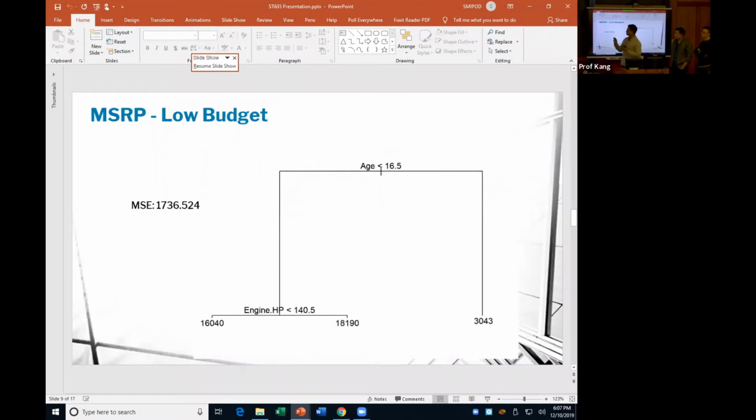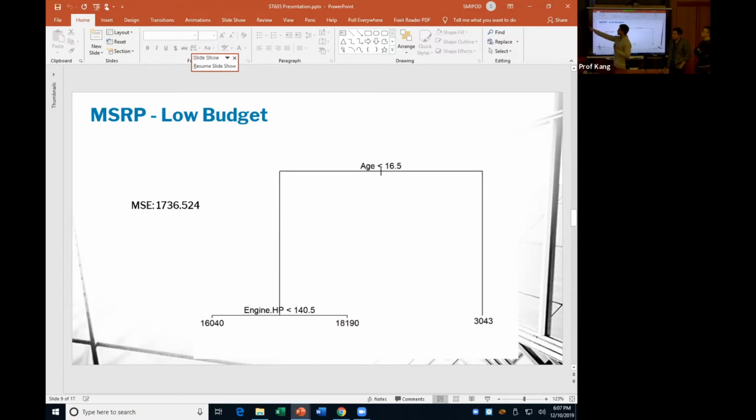We use tree regression to fit 3 data sets that we split into 3 buckets: low price, mid price, and high price. The low price bucket is cars with a price lower than $20,000. This is the simplest model that we have. People who look for a cheap car first look at the age of the car.